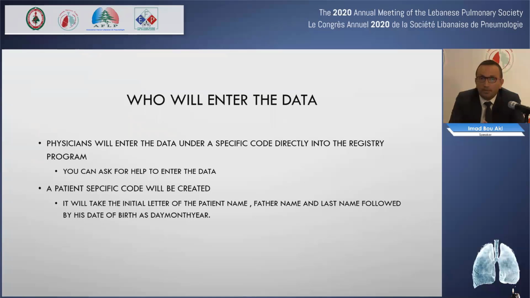For example, my name is Imad Joseph Ba'al, so I will be IJB, and then the date will be entered all together. If the day is the 7th, I will add a 0 before it, then a 4-number year.